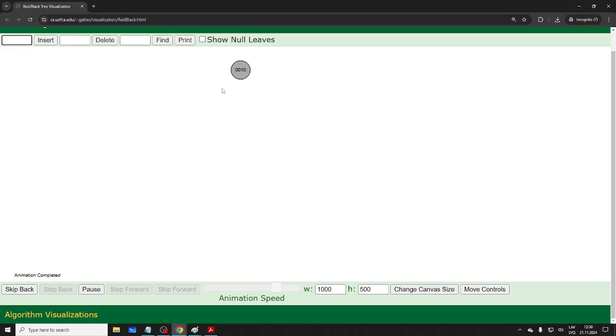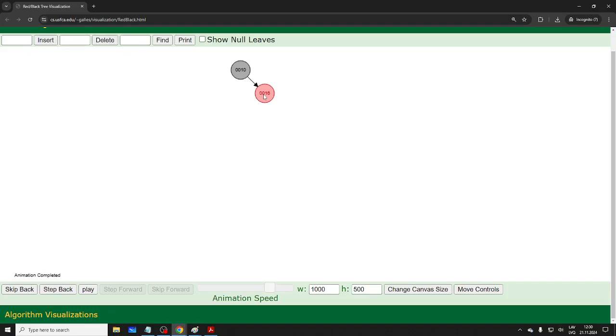If I insert, let's say, 16, where is it going to go? To the right here. And what color is it going to be? It should be red. Why?